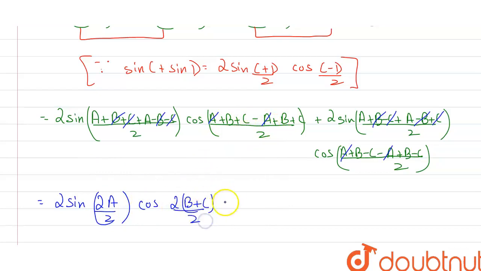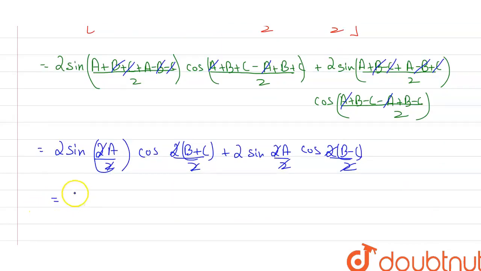This one can be written as 2 sin of 2A by 2 and cos of B minus C, which is 2(B-C) by 2. Now clearly these 2s cancel out. So we are receiving the values 2 sin A cos(B+C).